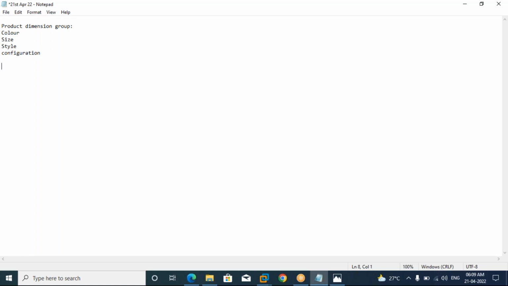Okay, so in this also there are 4 methods in AX2012. One is predefined variants. Next, dimension based configuration.